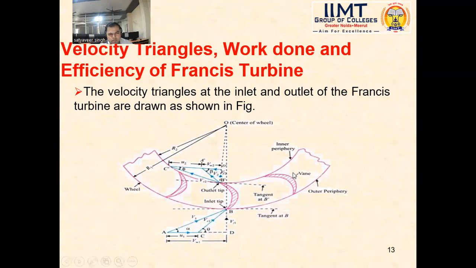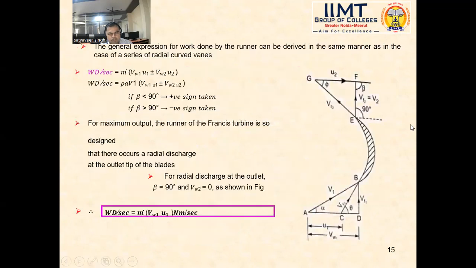Now, how will you find out the efficiency of these turbines and what are the other requirements. Basically, there is a general expression for calculating the work done by the runner.